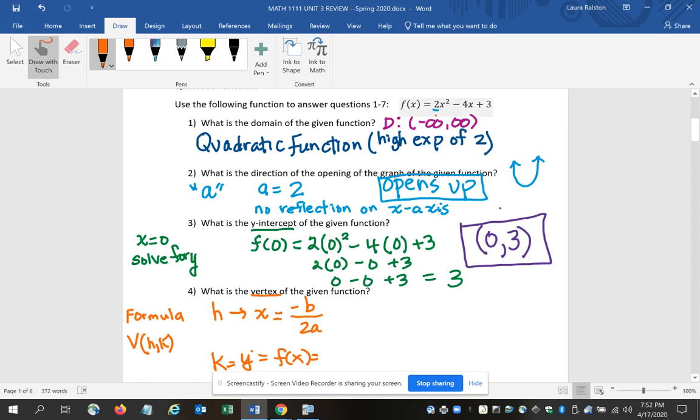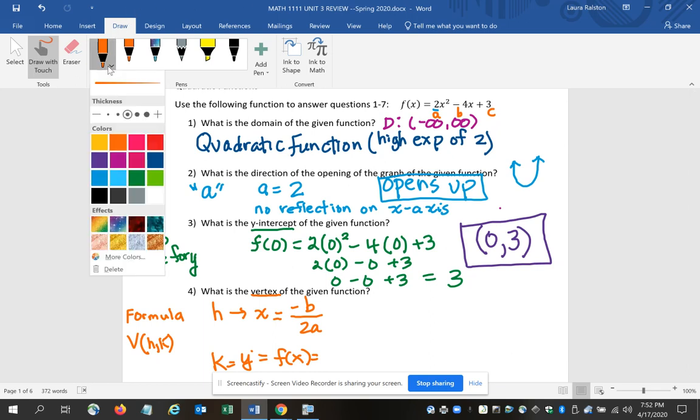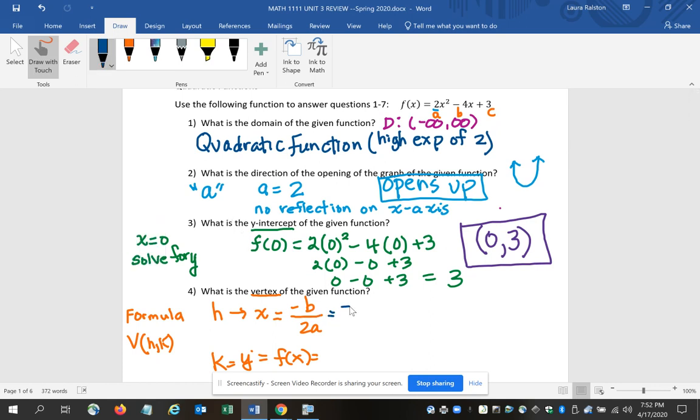And remember that your a is the number in front of the squared term, b is the number in front of the x, and c is the constant. So we would basically plug and chug into that particular formula. So I would have the opposite of negative 4 divided by 2 times 2.